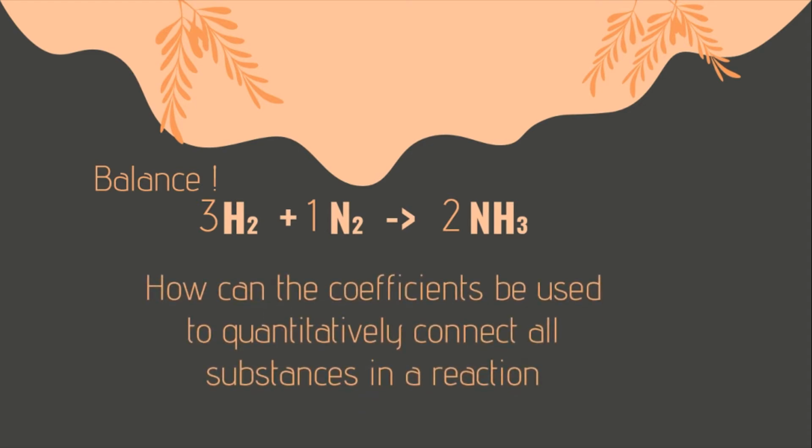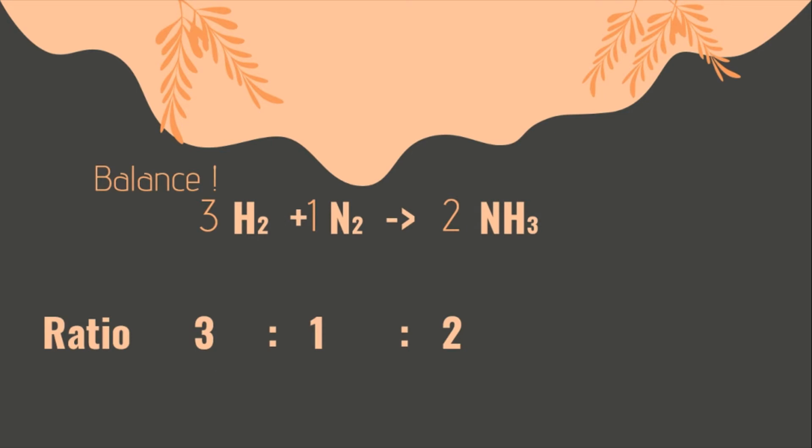So in other words, it's all about how the coefficients can be used to quantitatively connect all substances in a reaction. In this case, the coefficients represent the ratio of the reactants and products in the reaction. We really have to understand what those coefficients are telling us.